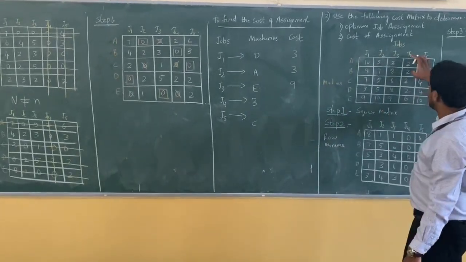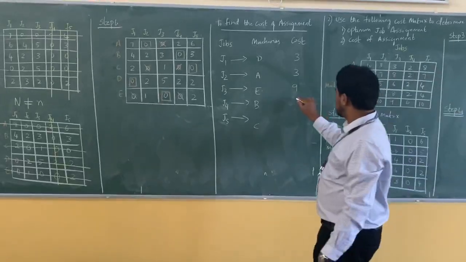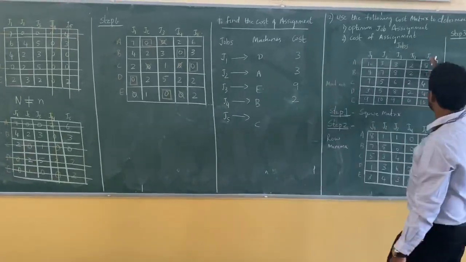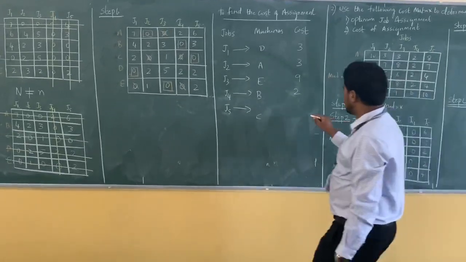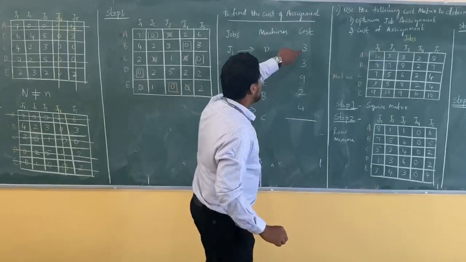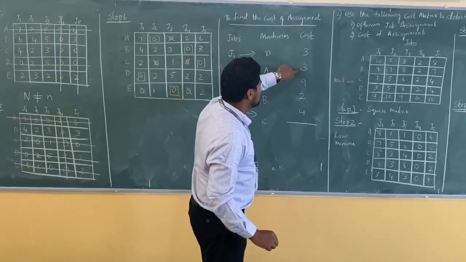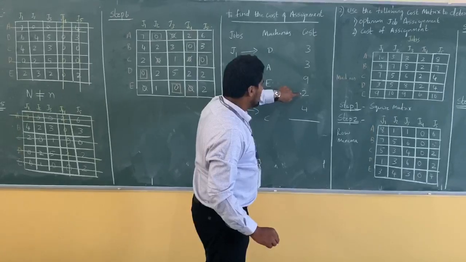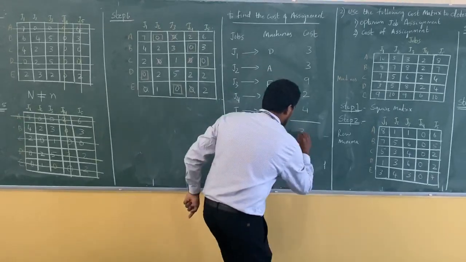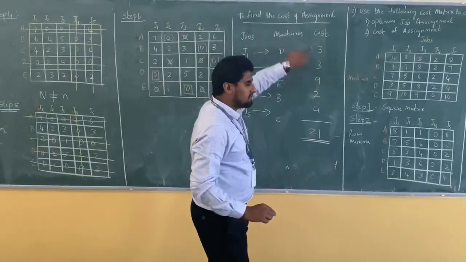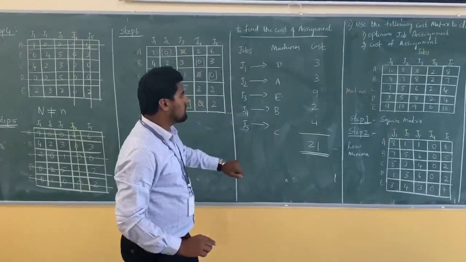J4 to B, it is 2. We'll write it as 2. Next J5 to C, it is 4. So you add all this. You have 3 plus 3, 6, plus 9, 15, 15 plus 2, 17, 17 plus 4 it is 21. So this is the cost of the assignment. So that completes the problem.